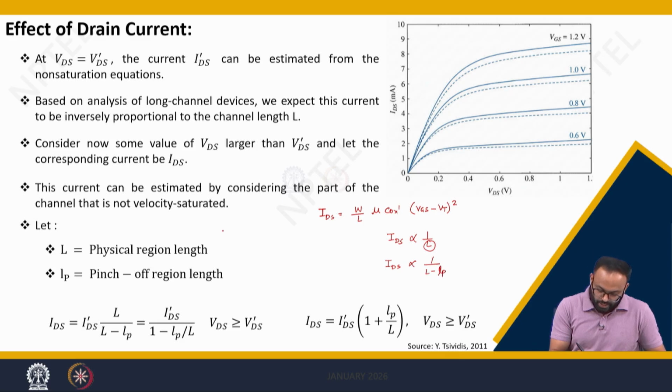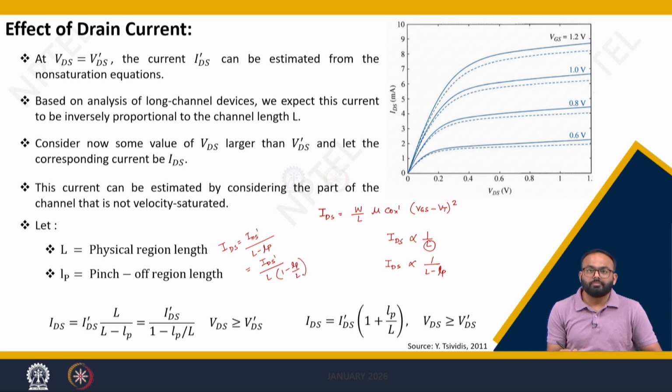So, the new current including the channel length modulation effect can be given as IDS dash divided by L minus LP. If you take L out, you are left with IDS divided by L into 1 minus LP by L. And you can rearrange this equation as IDS into 1 minus LP by L to the power minus 1.